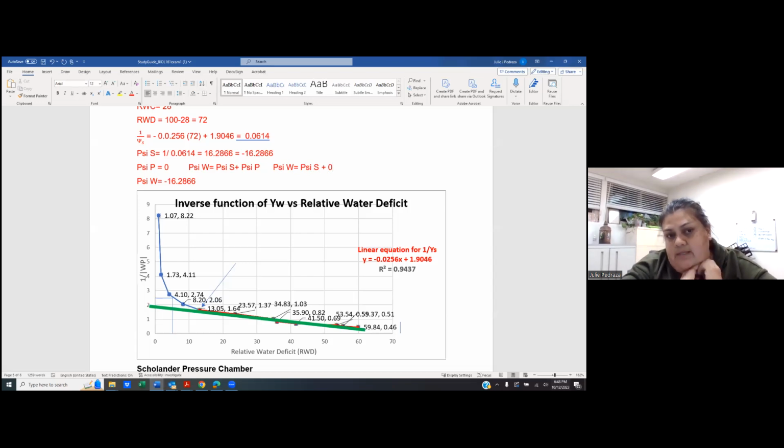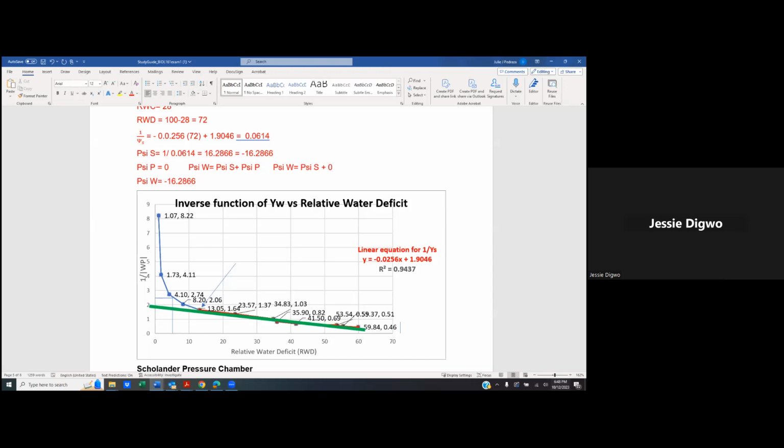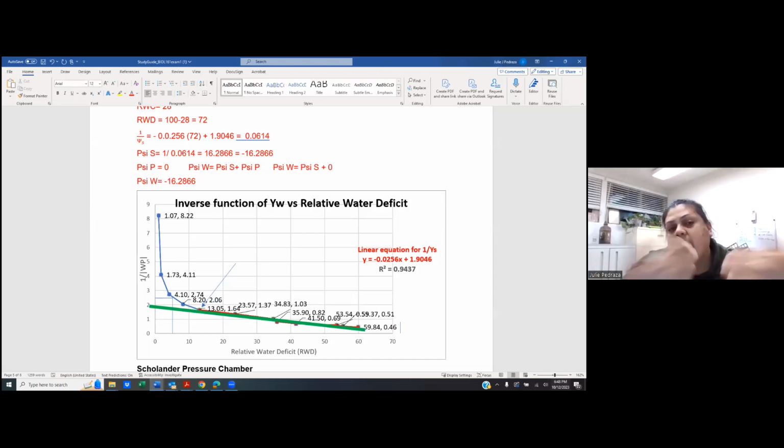Okay? Does that make sense? We're good? We didn't need to do any calculations further beyond psi s because we figured out based off of this graph that psi p is 0. So psi w equals psi s, and therefore it's the same answer.